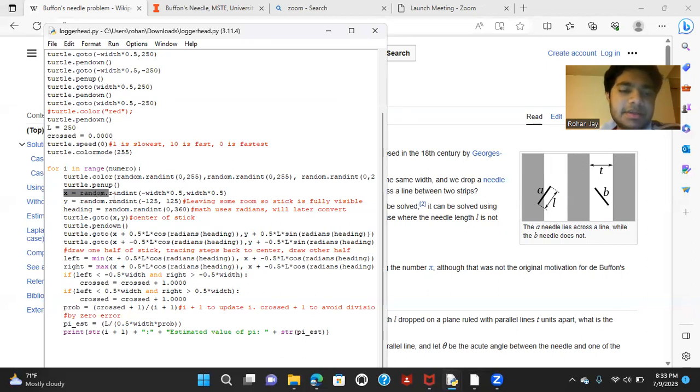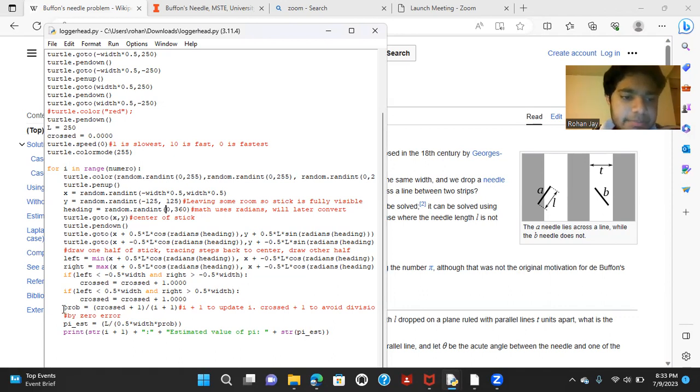This is using a library called random, which we use to randomly drop a needle somewhere. And this is basically telling whether or not we cross one of these lines.